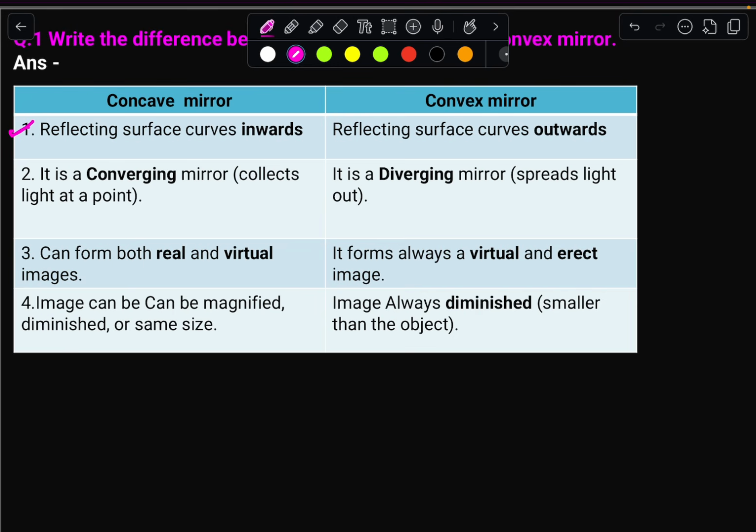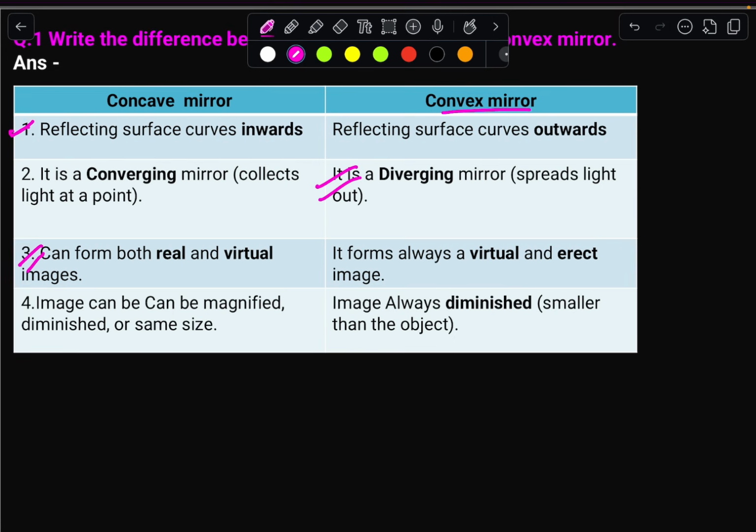A concave mirror is also known as a converging mirror. Okay, and a convex mirror is also known as a diverging mirror. If you remember, a concave mirror was forming a real image also, a virtual image also. A virtual image in which case? When the object is lying between the focus and the pole. But in case of convex, every time we are getting a virtual image.